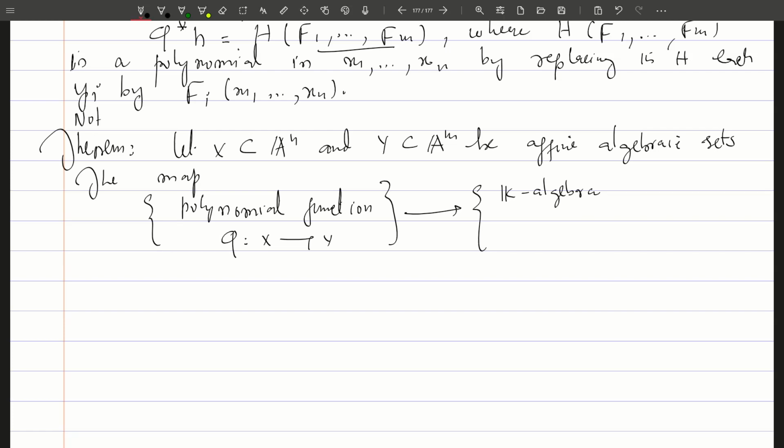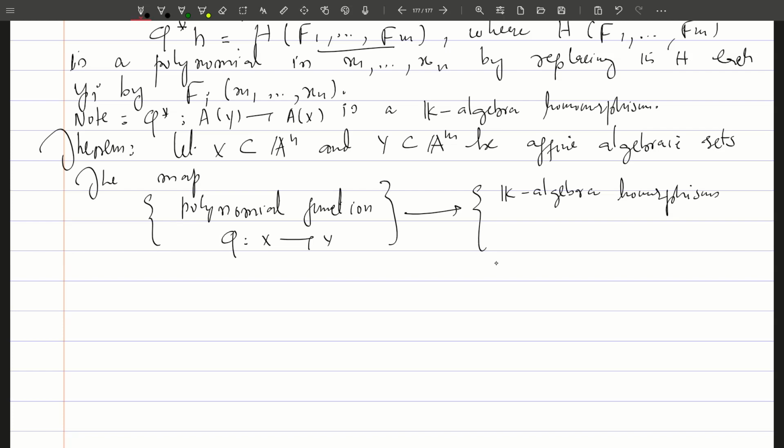One should note here that this phi star from AY to AX is a k-algebra homomorphism. So this is a map from this set to the set of k-algebra homomorphisms from AY to AX.